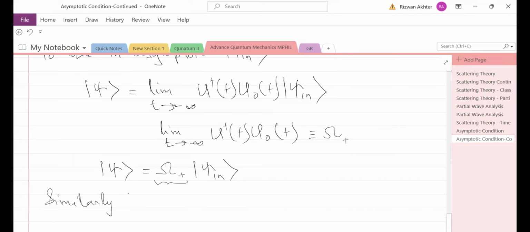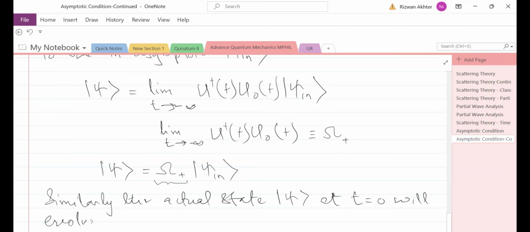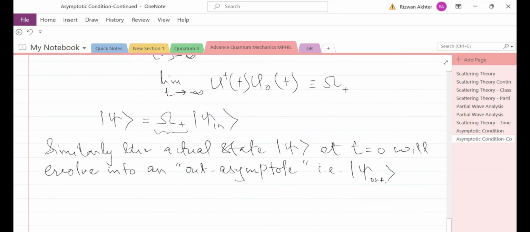Similarly, the actual state psi at t equals 0 will evolve into an out asymptote psi out in a linear manner.